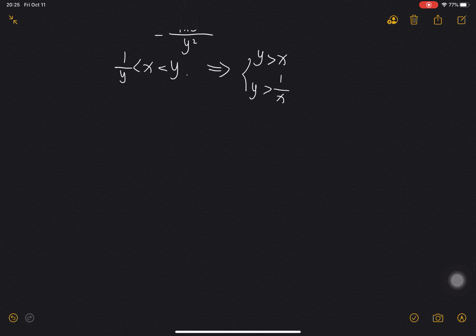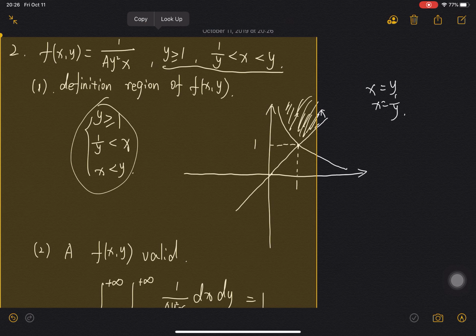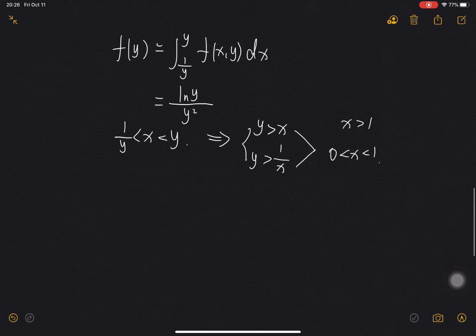Right, this part is tricky, because we have to calculate it in different situations. When x is larger than 1, and another situation is when x is smaller than 1.